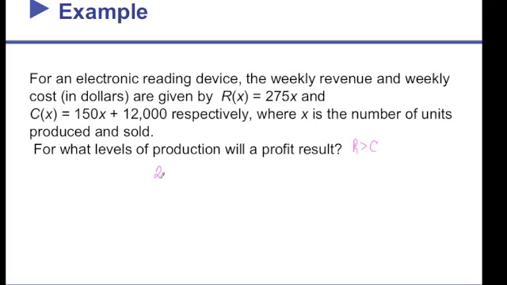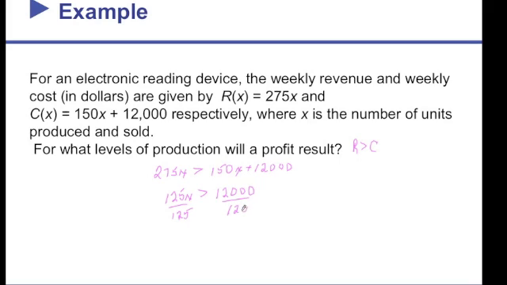The revenue, 275x, is greater than the 150x plus 12,000. Subtracting the 150x from each side, I will have 125x is greater than 12,000. And I'll divide by the 125.